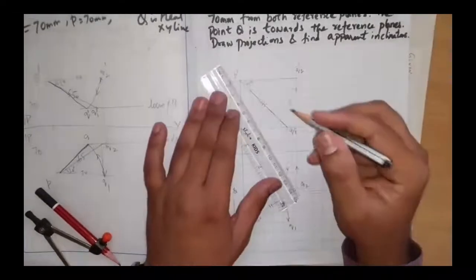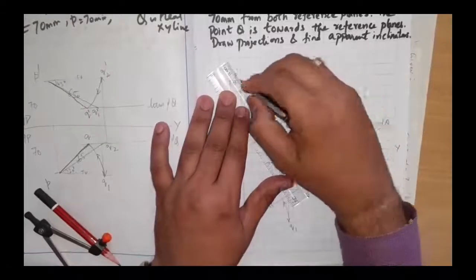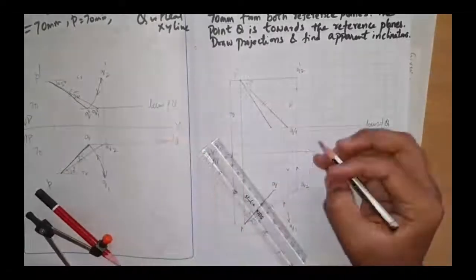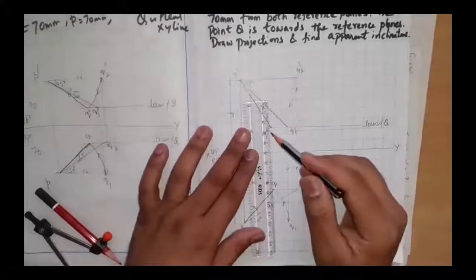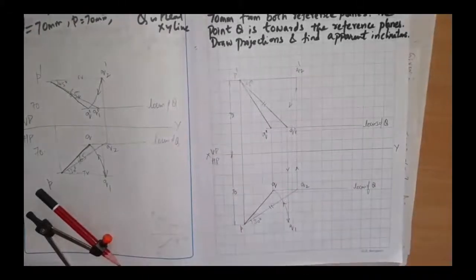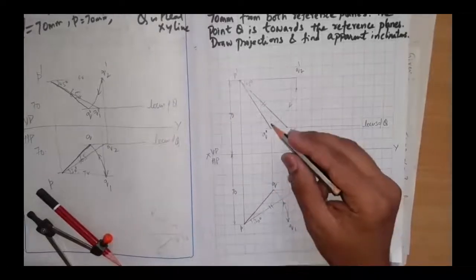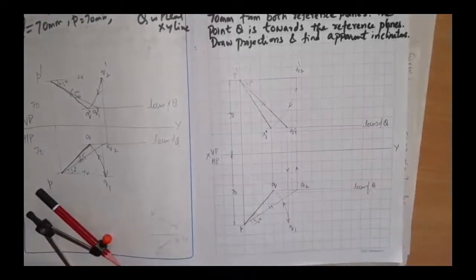Here, this is the location of arc P dash Q dash. If you join P dash Q dash, so Q dash Q will be on the same projector. If it is on the same projector, your answer will be right.